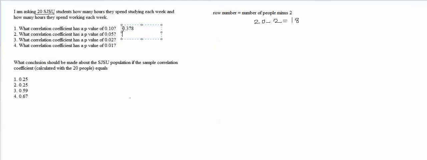Now what about down here for 0.05? Well, we go to the 0.05 column and we get 0.444. That's our answer. Then 516 and 561.